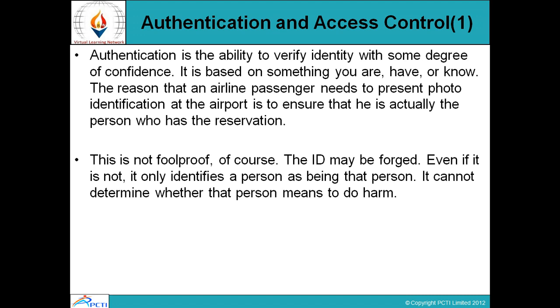Depending on the security needs of an organization, authentication may take many forms, such as username and password, smart card, and biometrics. You use these in your daily life, but this is not full proof. Of course, an ID may be forgotten, and even if it is not, it only identifies the person as being that person. It cannot determine whether that person means to do harm.